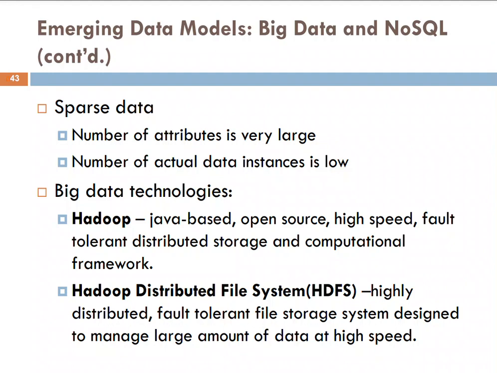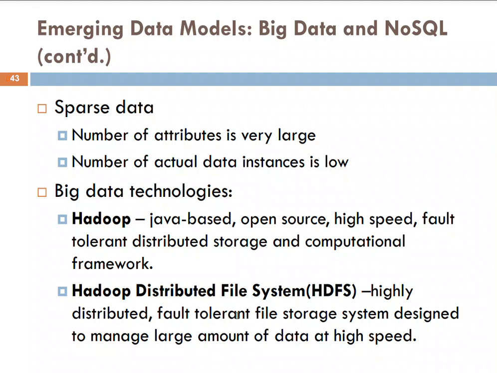Okay, yang ni bercakap tentang Hadoop, Hadoop technology. Dia high speed, fault tolerant ni maksudnya boleh tolerate dengan failure dan dia adalah storage yang secara distributed. Okay, so Hadoop distributed file system, highly distributed fault tolerant file storage system designed to manage large amount of data at high speed. So macam mana dia nak proses data yang banyak ni, yang growing data. So the Hadoop technology, we have HDFS.